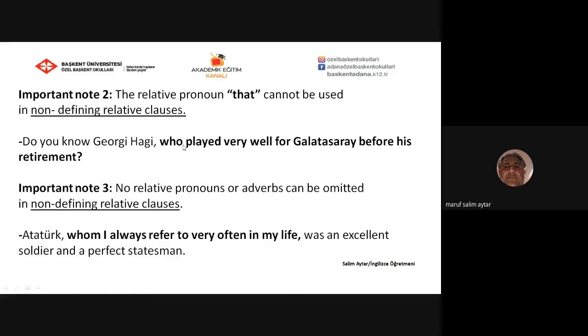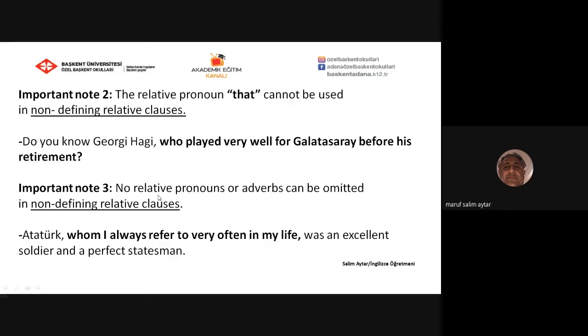Okay? Of course, who is for people, which for non-people. For example, do you know George Hagi, who played very well for Galatasaray before his retirement? So it is a noun. So it is the subject of the relative clause, but we must use who in the extra information clauses, not that, never that.